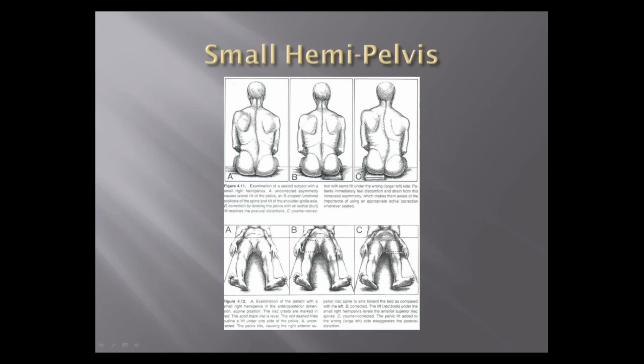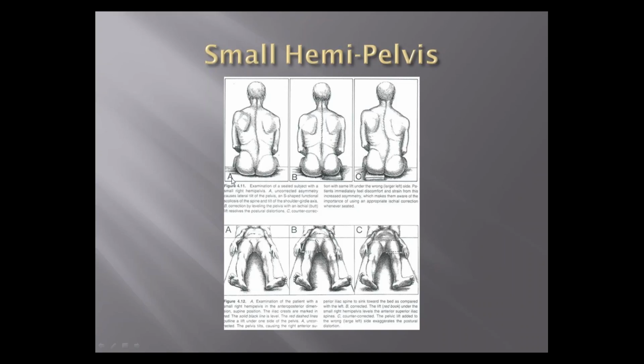Okay, so first, a quick review. What is small hemipelvis? This is straight out of Travell's chapter 4 of the quadratus lumborum section of volume number 2. This is her description of a small hemipelvis: one hemisphere of the innominate bones, your two innominate bones here, is structurally larger than the other.